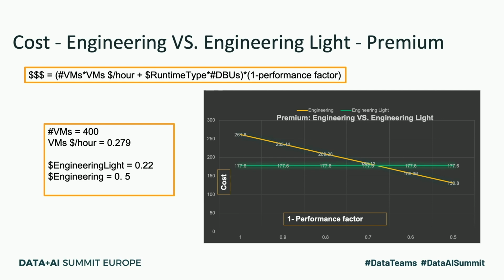So I can bring that into consideration and say, you know what, premium, if I have more than 45% of improvement in the runtime, it makes sense for me. If not, then not. But we already know the premium gives us a more optimized compute, so it has a good chance of actually giving us this optimization.